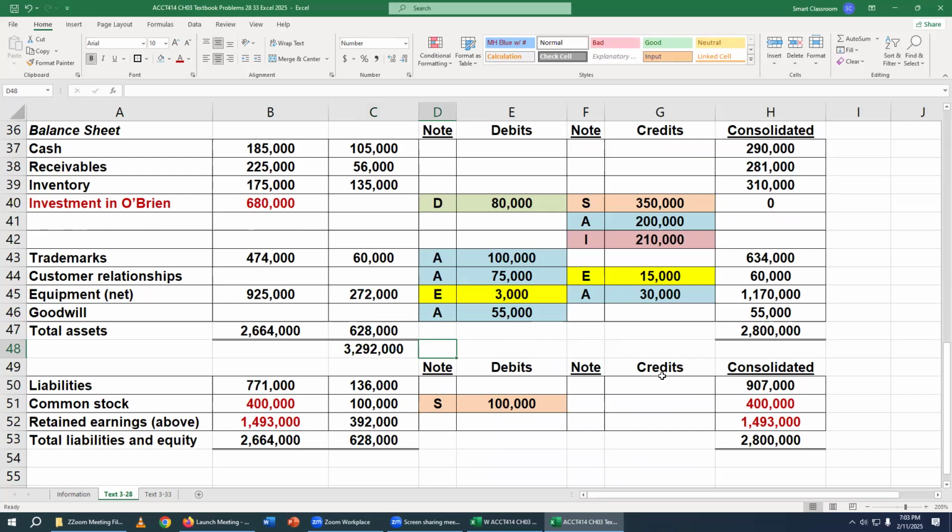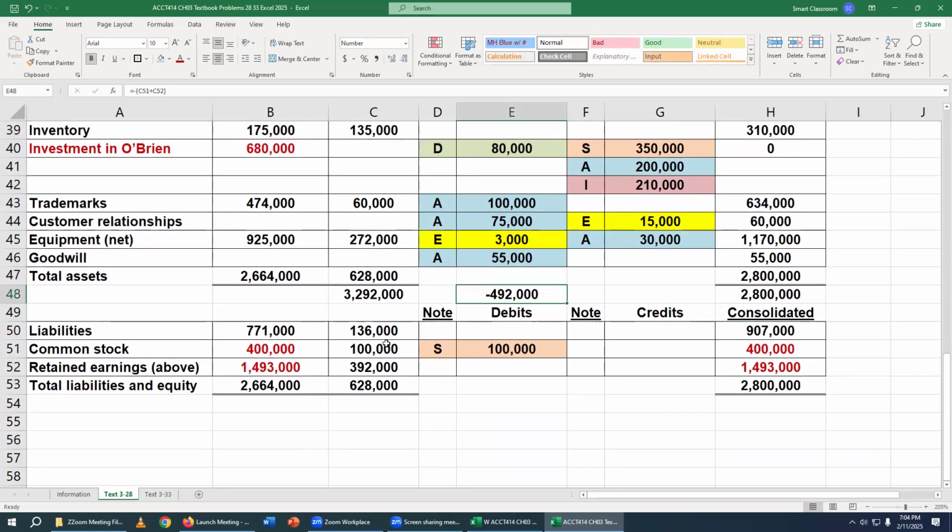Why is that? No, it is right. It's 492. So minus, oops, put those two together. That's the equity. That's these two.